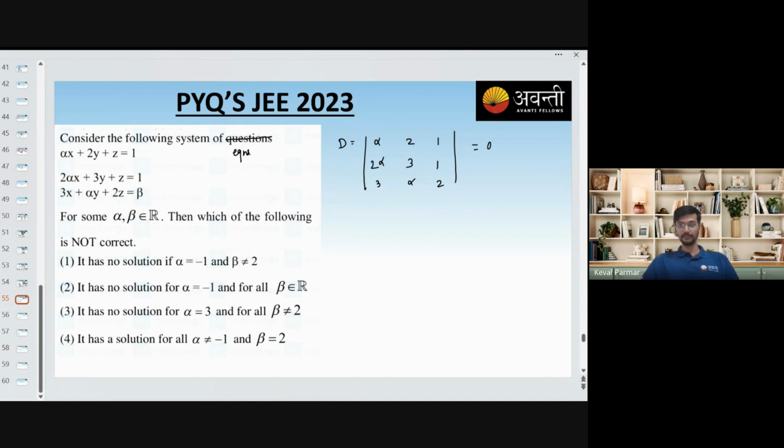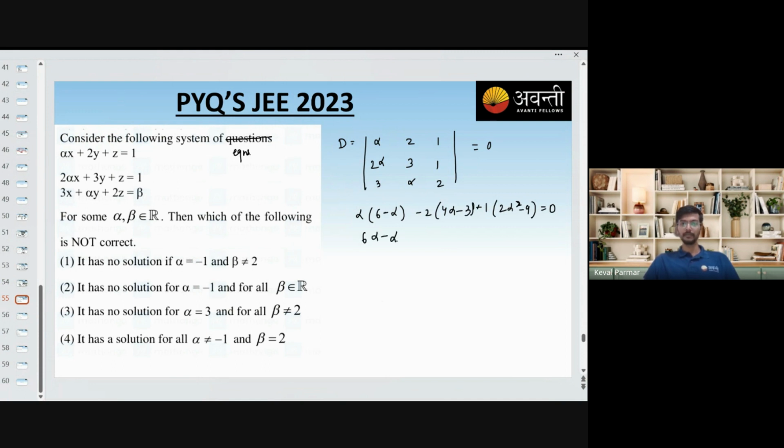So if I solve this, I'll get alpha into 3 to the 6 minus alpha minus 2 into 4 alpha minus 3 plus 1 into 2 alpha squared minus 9 equals 0.